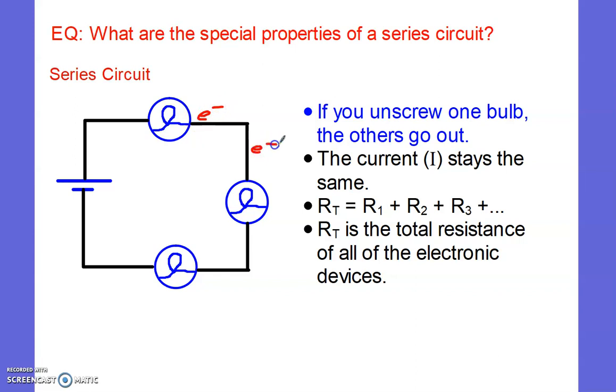So if the electrons only have one path to flow, they must all be moving at the same speed as they go through the circuit, because there is only one route to take. It's like when you're driving in a car and there's only one path for your car to take, you're at the mercy of all the cars in front of you. If it's a single lane road, however fast the first car is moving is roughly how fast the cars behind it are moving. So all the currents are the same in a series circuit.